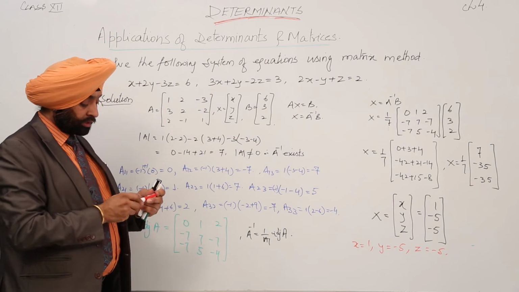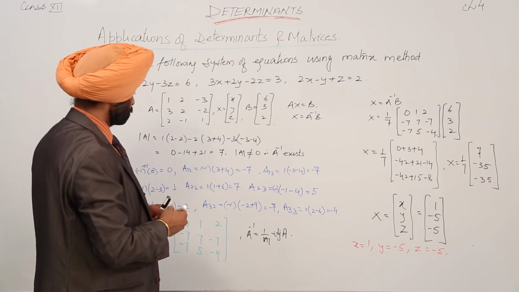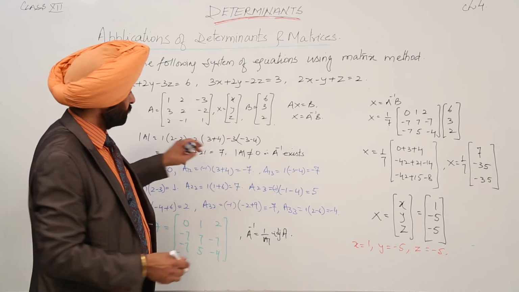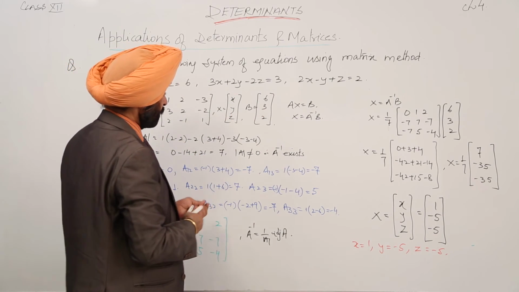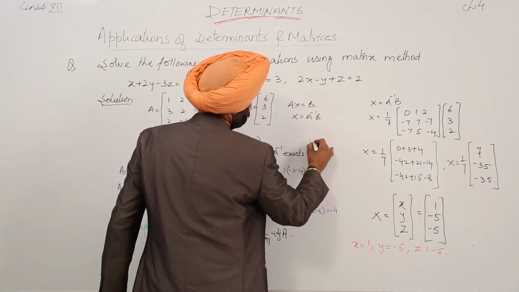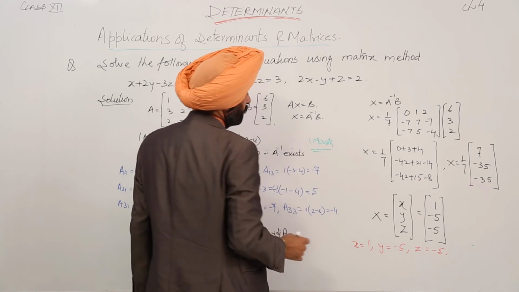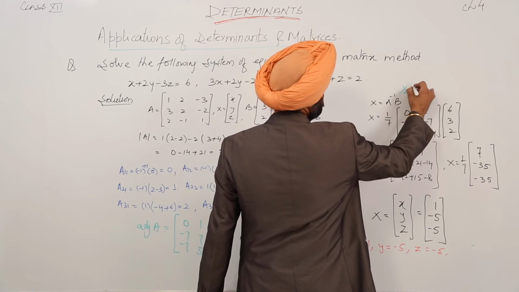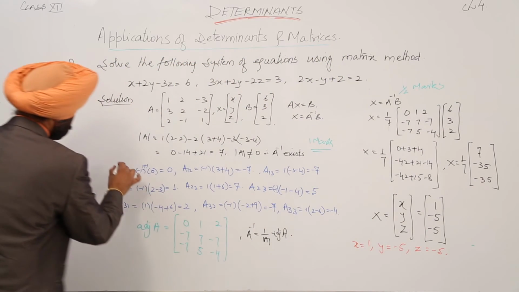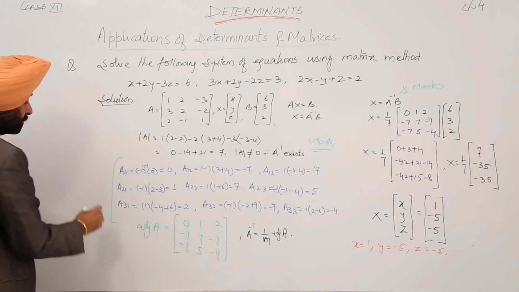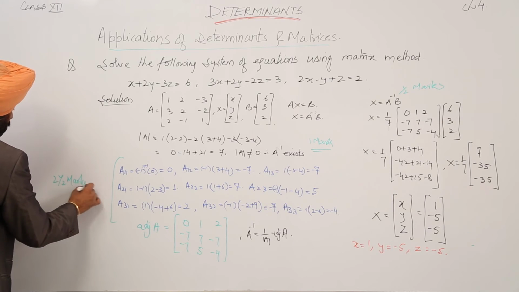Now what is the mark distribution? I told you 1 mark for this part, for writing all these things. Then 2.5 marks for all the cofactors.